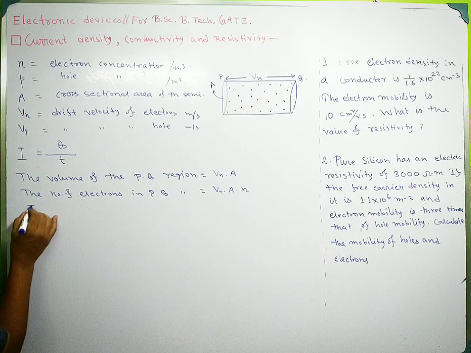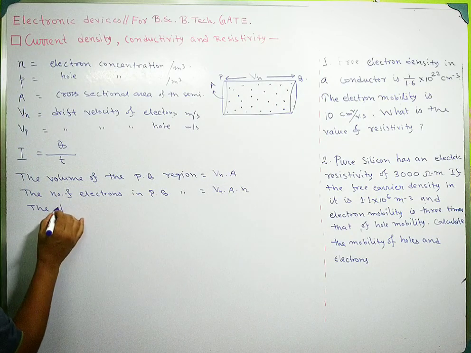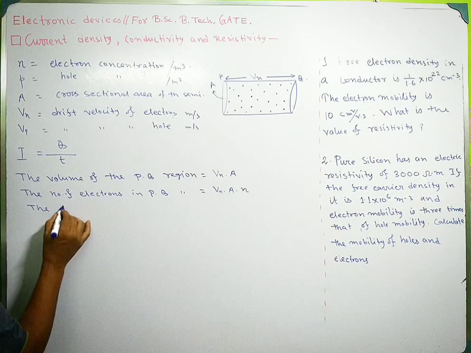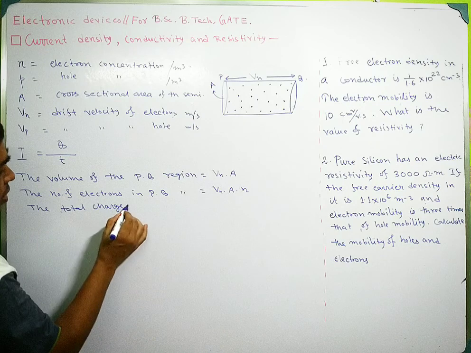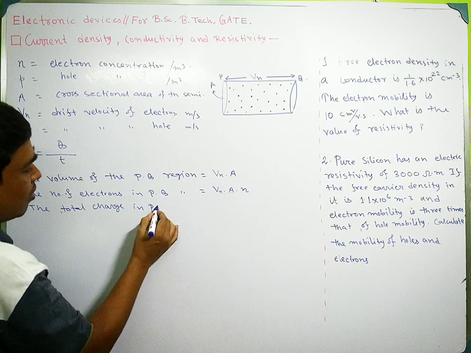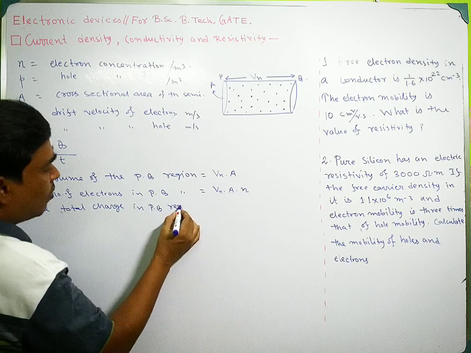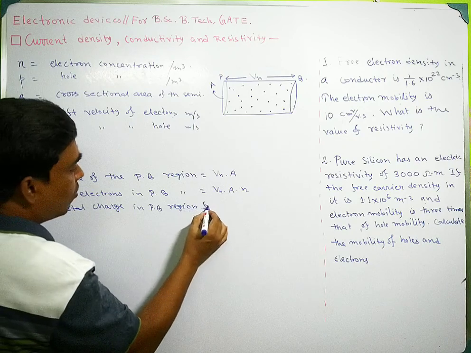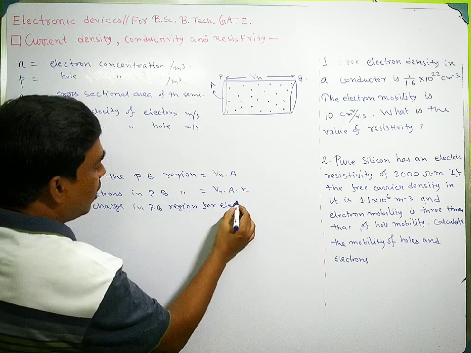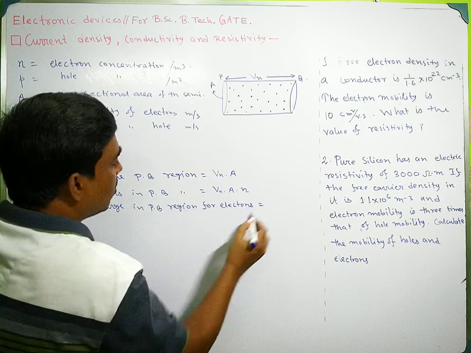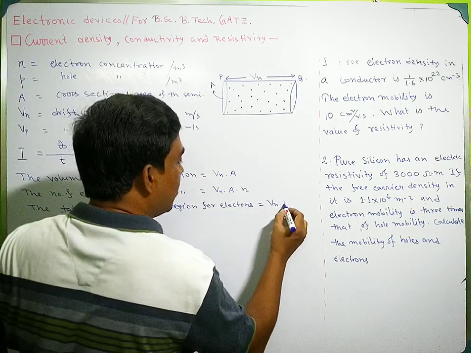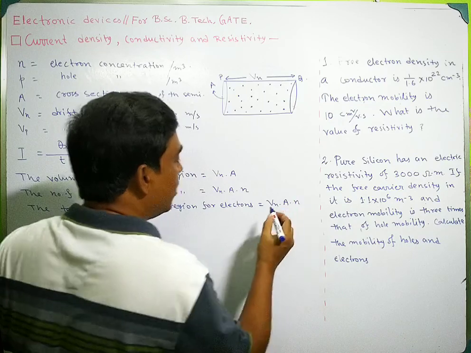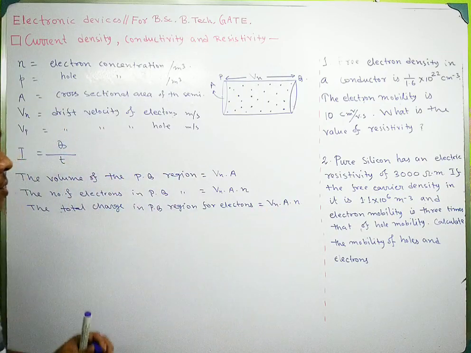Now the total charge in PQ region for electrons is given by Vn into A into N. This is the number of electrons.